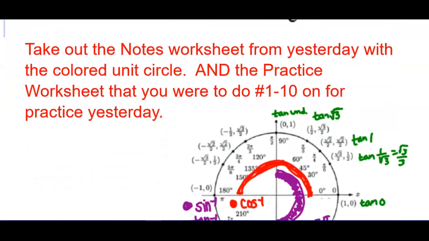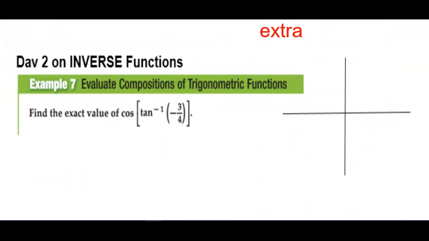All right, so this is an extra example of when you would need to draw your triangle, because it says I have an angle whose tangent is -3/4. Okay, if you remember from the unit circle that we colored, tangent would be negative down in this quadrant somewhere.